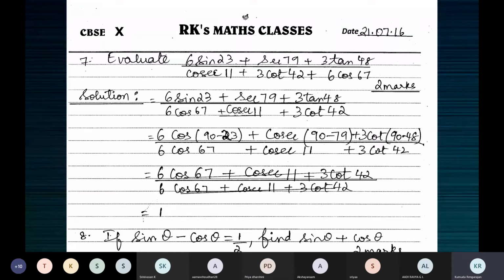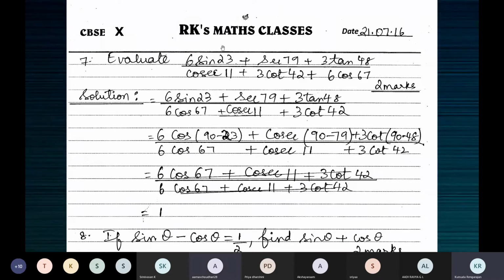And sine 30 degrees is equal to cos 60 degrees, because cos 60 is also 1/2. So sine 30 is cos 60. Yes or no? Sine 60 is cos 30.